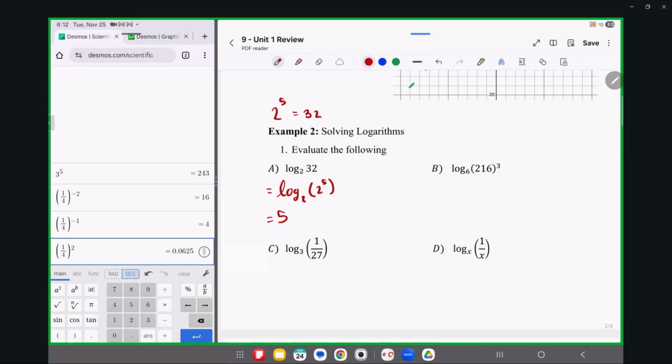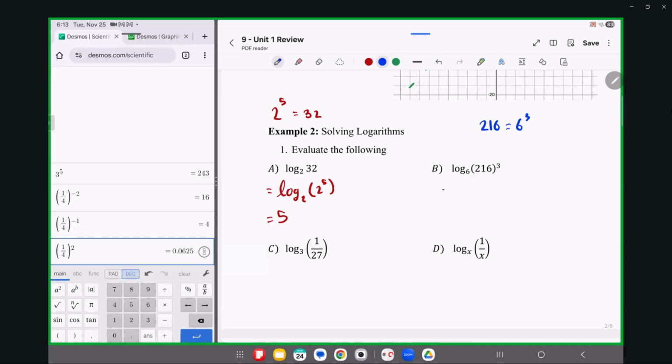Okay. For our next one here, what we have is log base 6 of 216 to the power of 3. For this one, we need to go ahead and express the 216 as a power of base 6. Recall that 216 is the same thing as 6 to the power of 3.